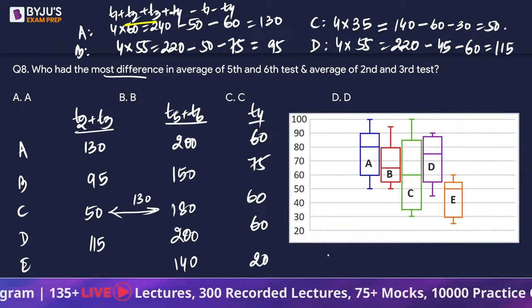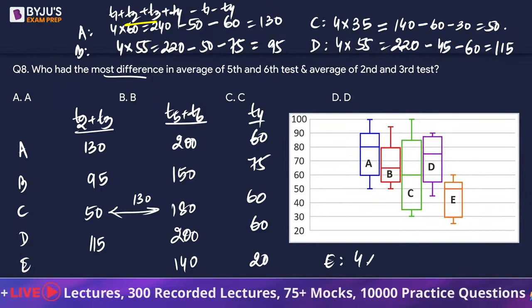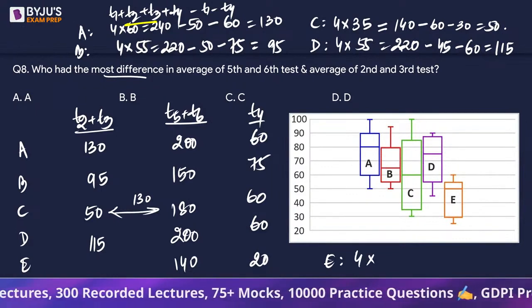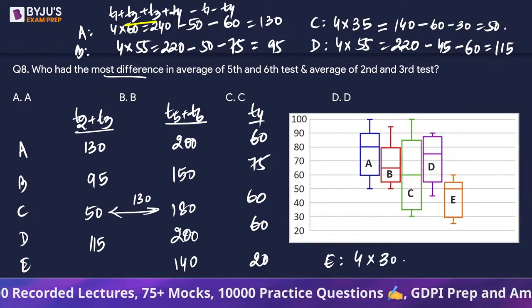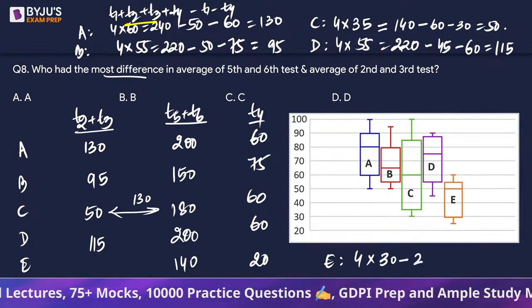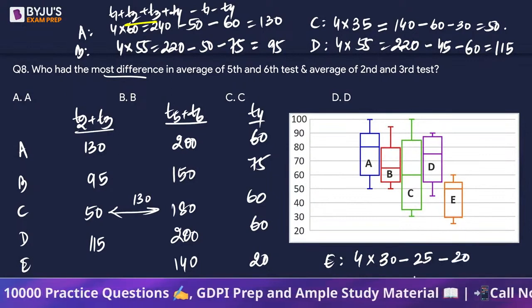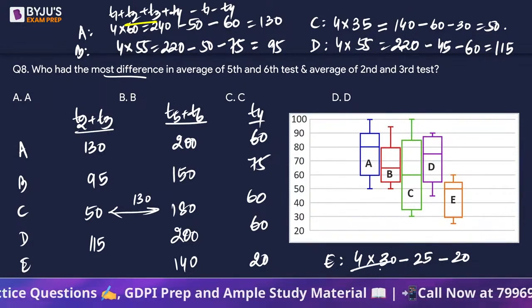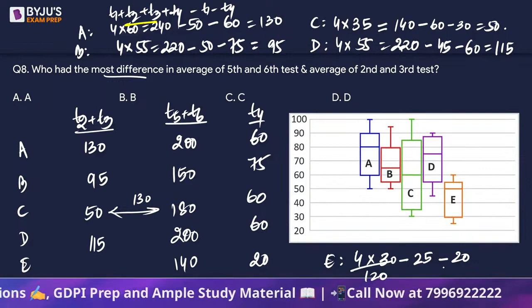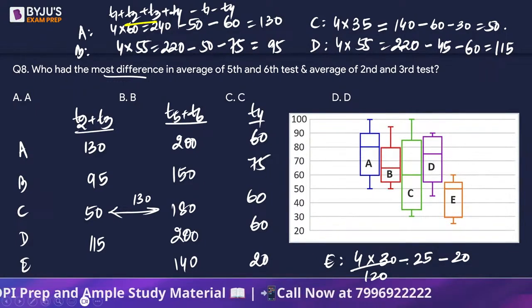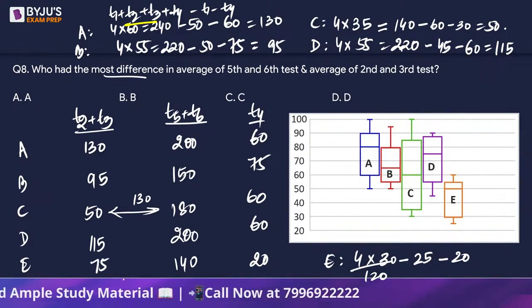Now, if you look at E, it's going to be 4 into the bottom width 30, minus the number below it, which is 25, and then T4 as well. T4 is 20. So this is going to give us 120 minus 20 minus 25, which is 75.